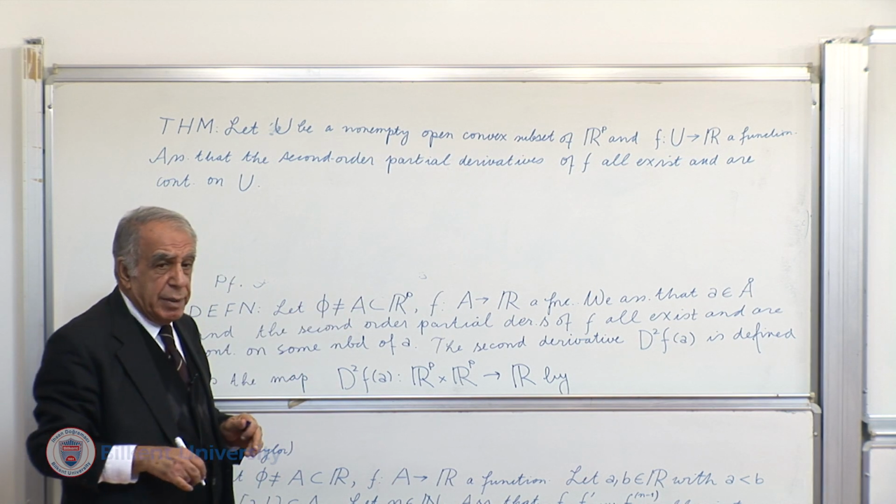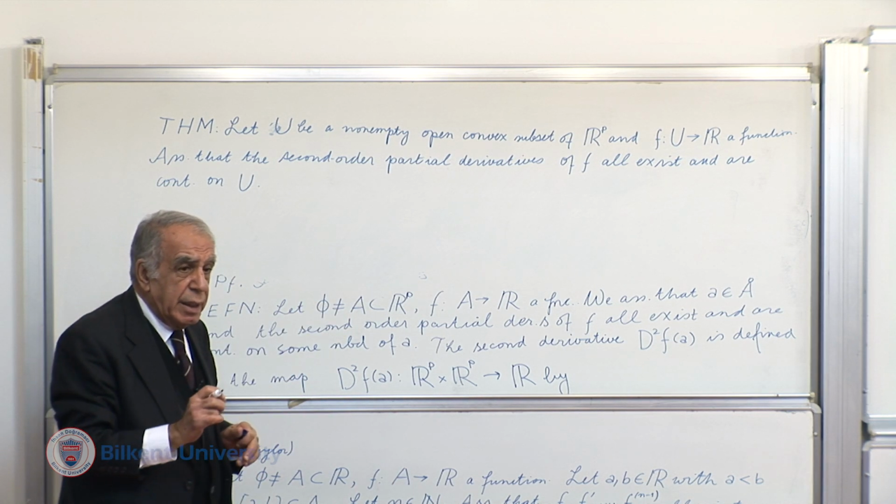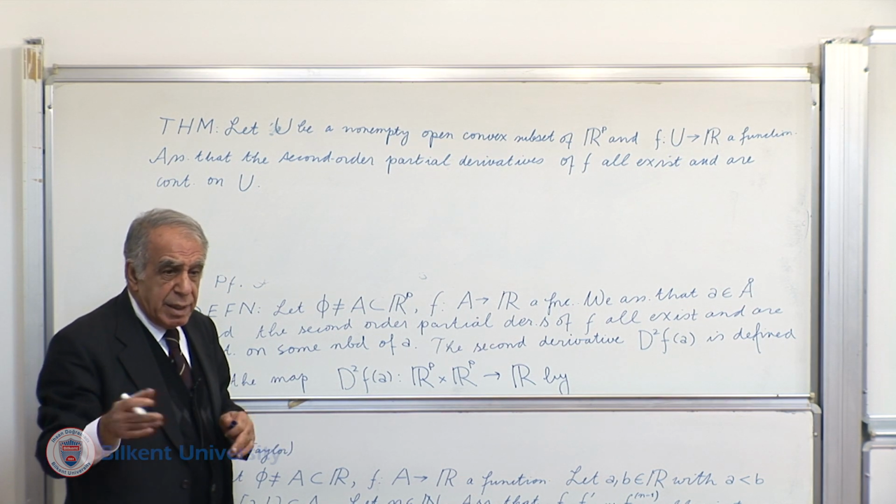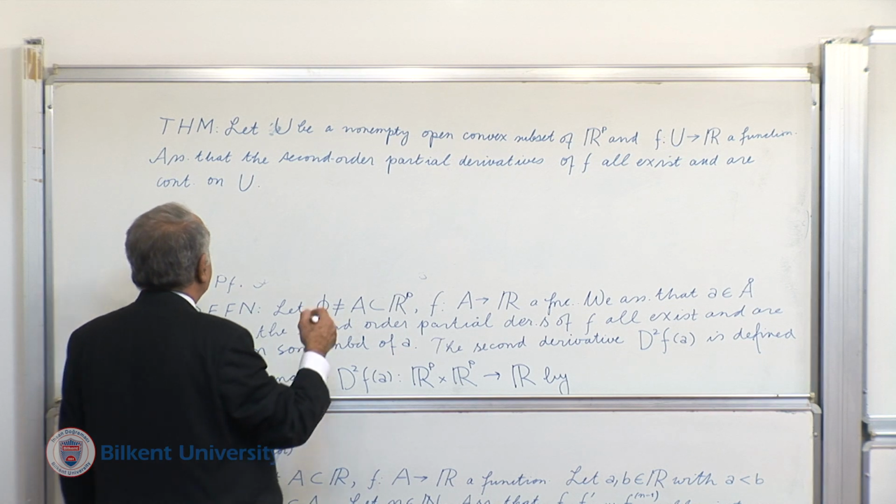And if the Hessian matrix is symmetric, then we can talk of it being negative or positive, semi-definite or definite.